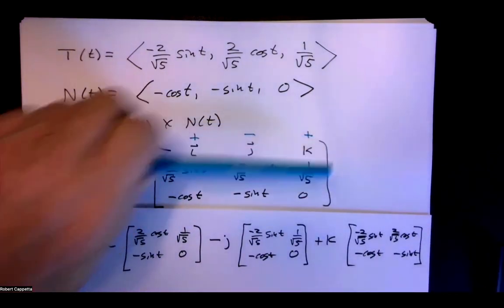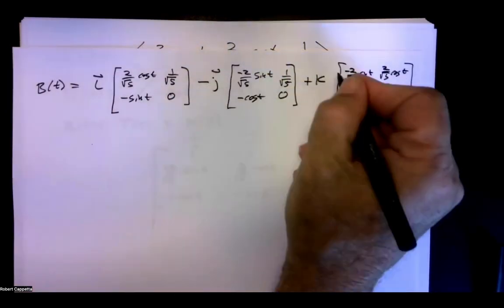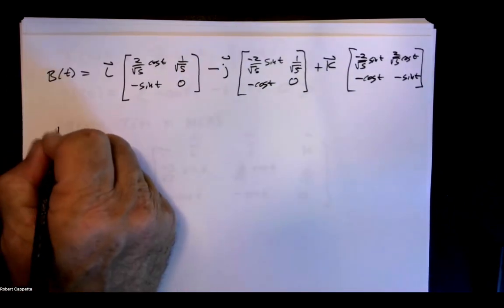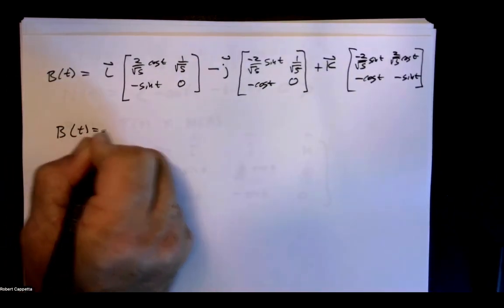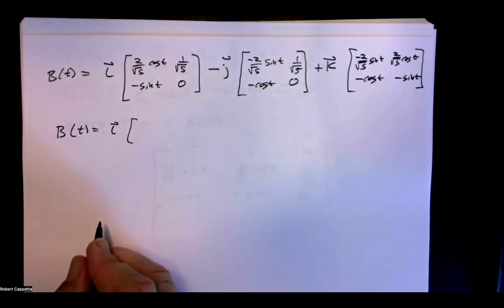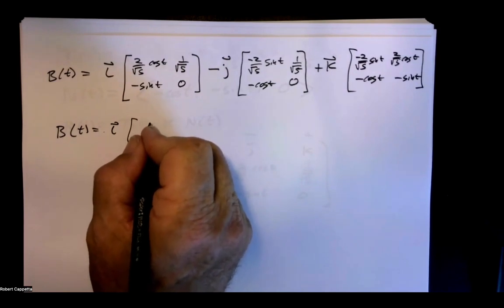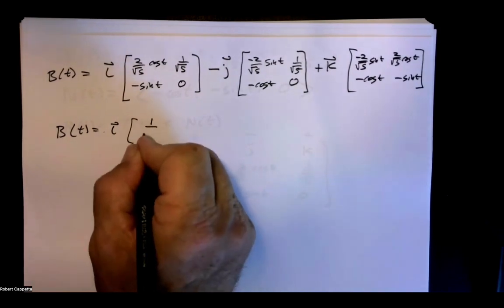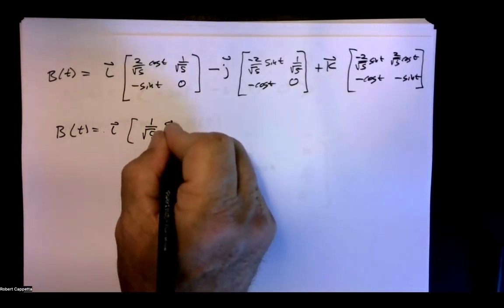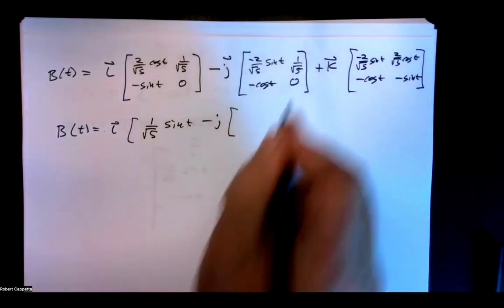So where does that put us? Plus, minus, plus. In the i direction, what do we get? Zero minus negative, so minus negative is plus positive. So I get 1 over root 5 sine t, minus j times 0 minus negative.